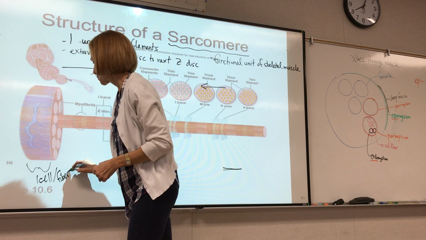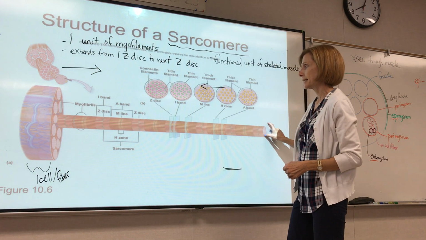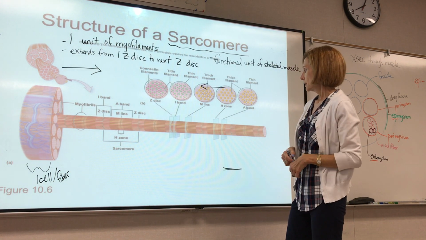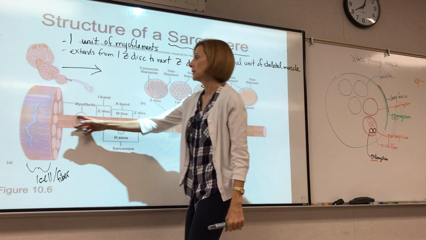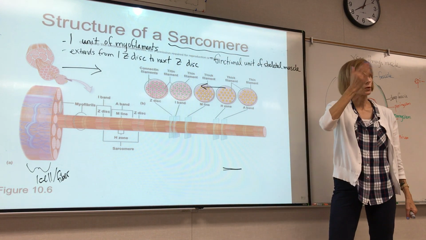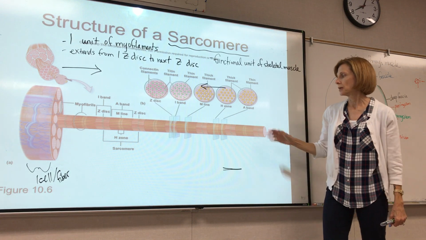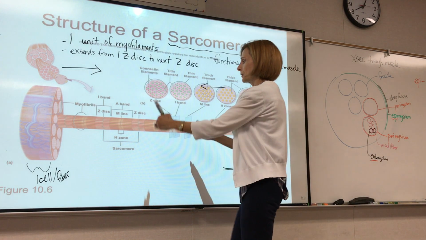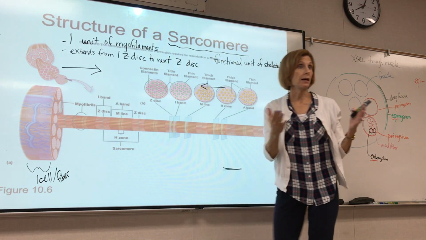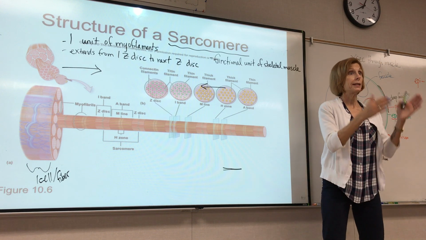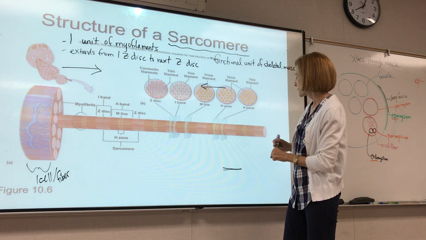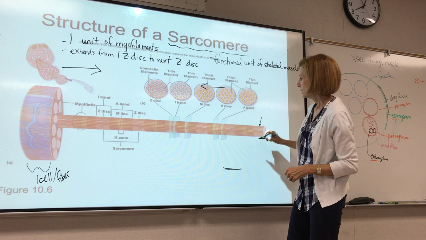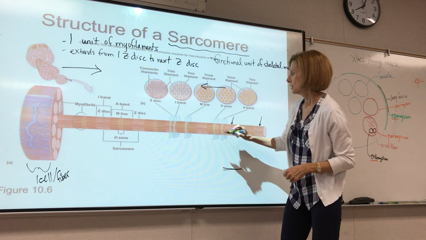Okay, so it's showing one myofibril sticking out, and notice that you can see, again, that pattern that causes the striations in skeletal muscle. You see there's this kind of regular pattern that repeats itself. This is because sarcomeres are lined up end to end, all the way down the length of the myofibril. So notice that if you look closely, you can see all of these Z discs, okay?